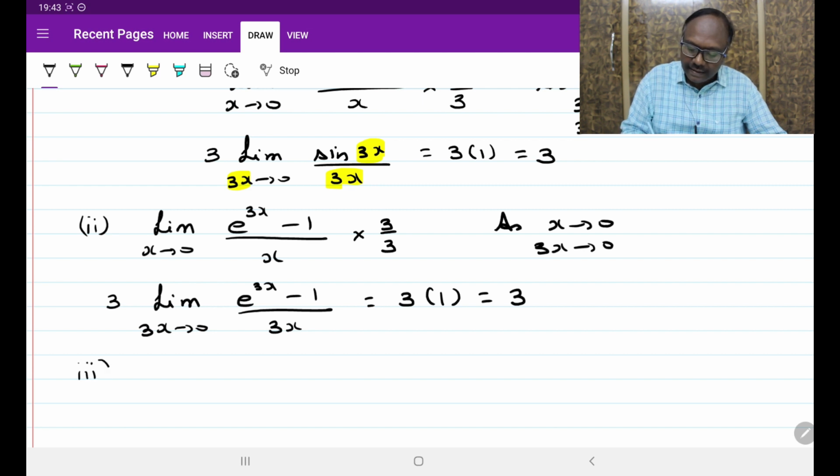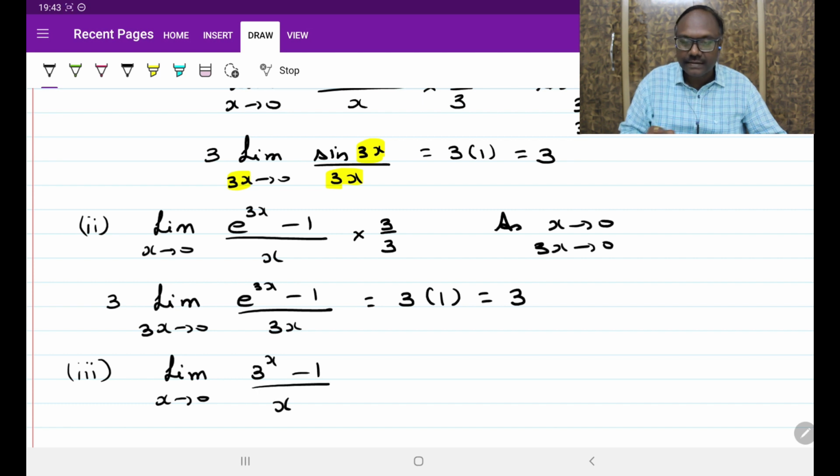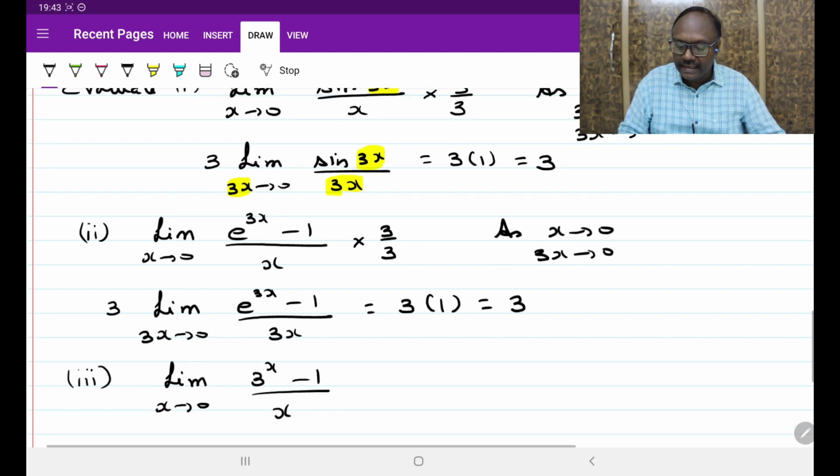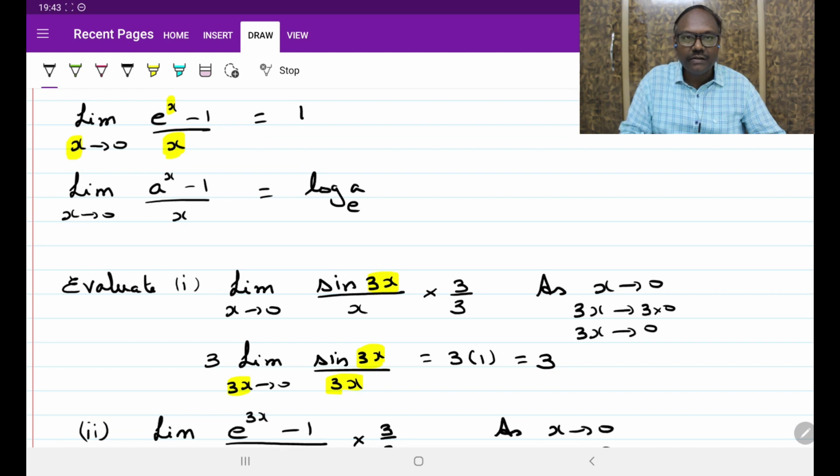Then let's see the third example. Limit x tends to 0, 3 power x minus 1 by x. So this is resembling the identity limit x tends to 0, a power x minus 1 by x.